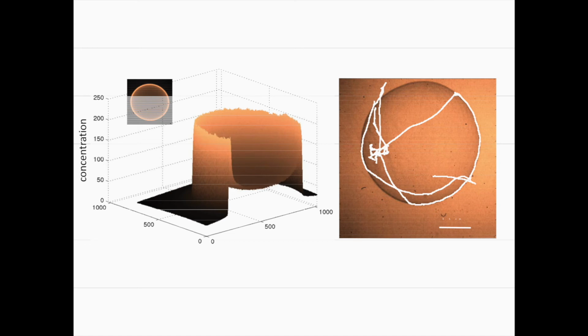One could image the worm motion while they're acclimated to a patch of food, so that's the worm trajectories, and measure how often they were on the edge and therefore experienced a large change in the bacterial concentration. Taking that prior time history, one could then build a model of how the animal should behave based on a particular sequence of sensory experience. And once you take that into account, that explains a lot of the data.